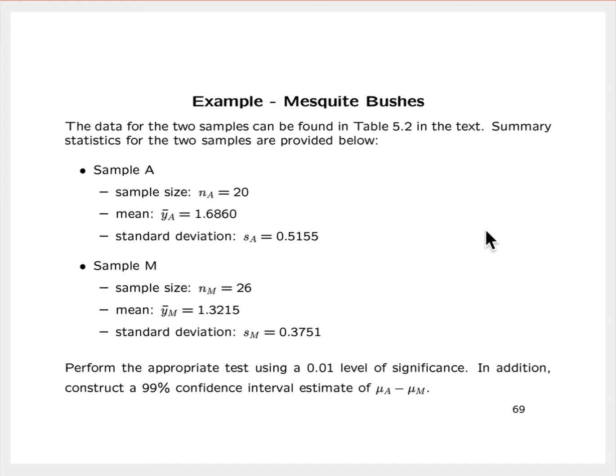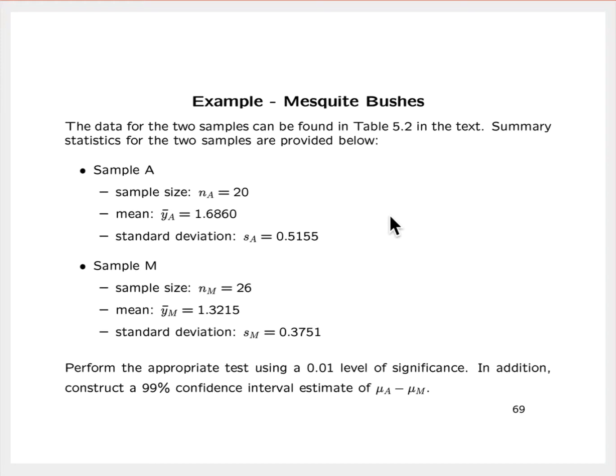So data for the two samples are found in, we don't have the raw data. We do have the sample data here for both samples. And we're going to use this to perform the appropriate test in this situation. And we're going to use a 0.01 level of significance.